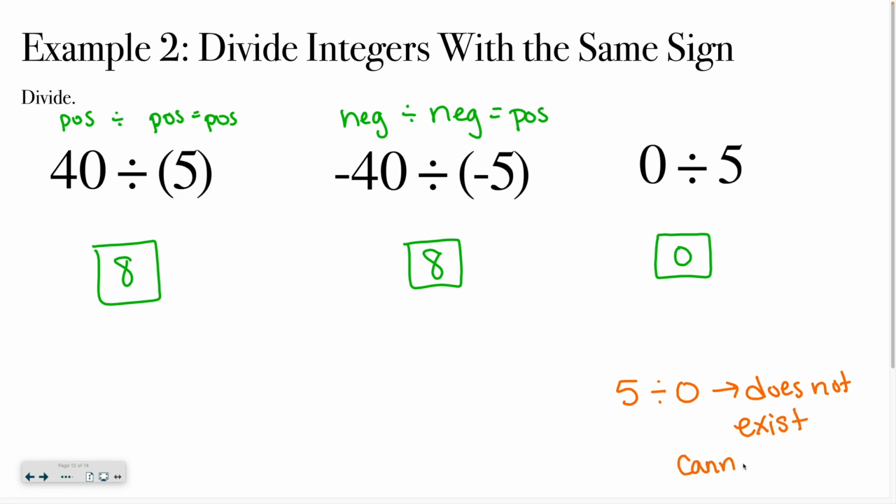Okay, that's like a foundational mathematical law. Cannot divide by 0. That is a good thing for you just to kind of memorize. It's going to keep coming back time and time again as you move forward in math. And as you get more advanced in math, you're going to learn exactly why not.